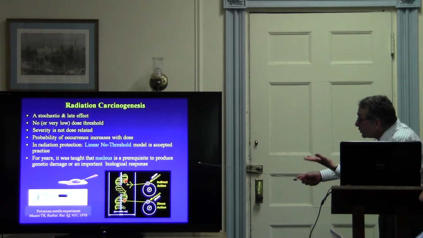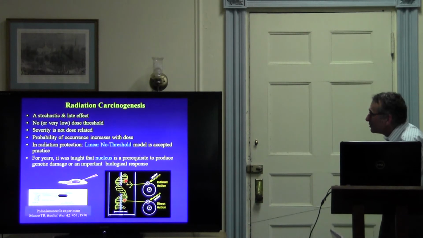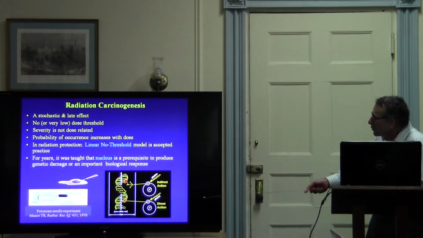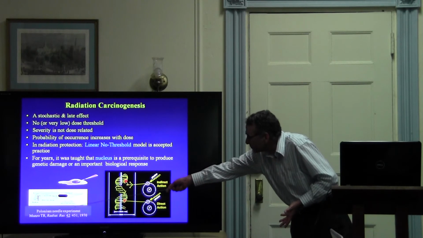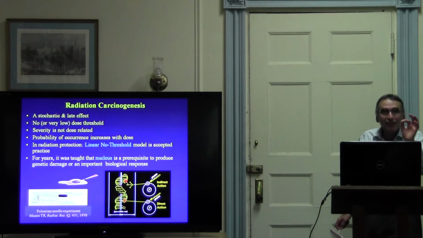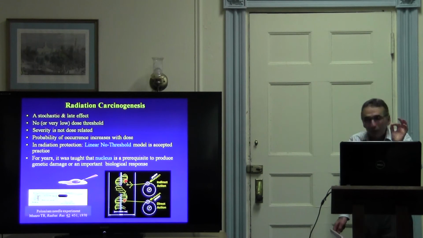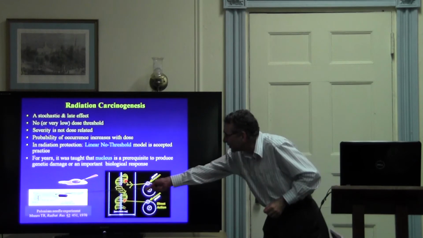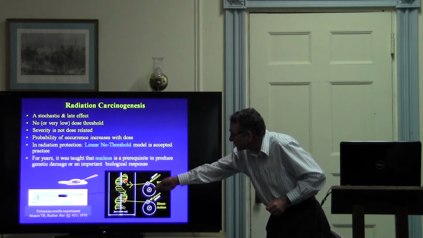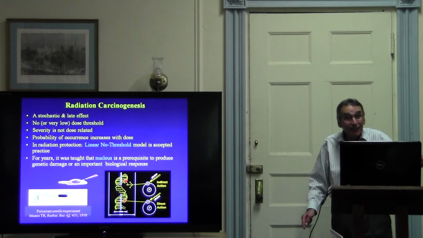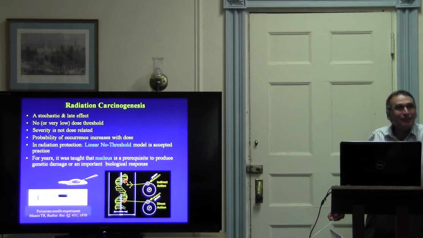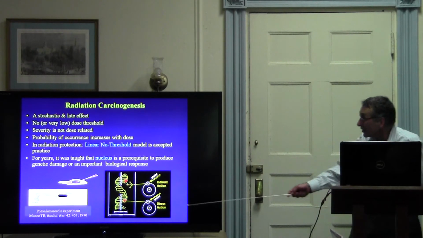But that the nucleus is the prerequisite to produce genetic damage, of course, came from the initial experiment by Munro with the polonium needle. As you know, he put polonium on the needle and would move the needle. If he would hit the nucleus of the cell with a few alpha particle hits, the cell would die. The endpoint used to be cell survival.